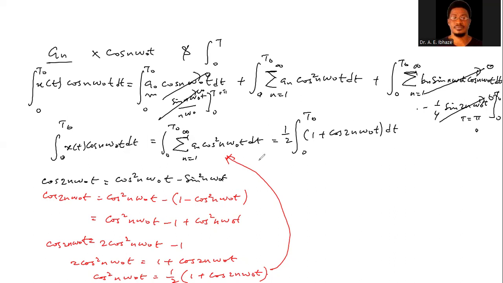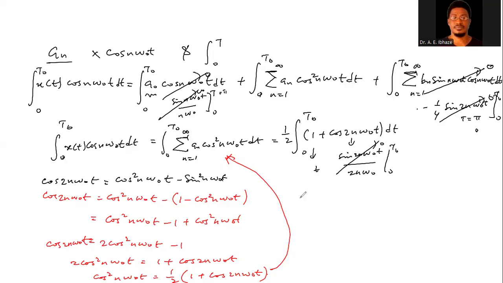Okay. And once we resolve this again, this is going to give us sine 2n omega naught t over 2n omega naught. So by the time we take our limits over one time period, once again this reduces to 0. And for this, once we integrate, it becomes t.